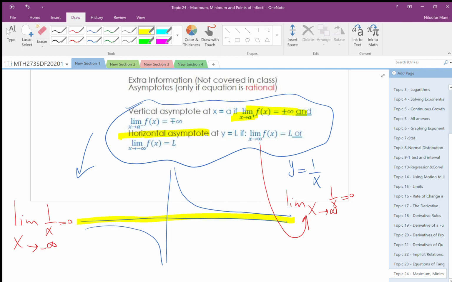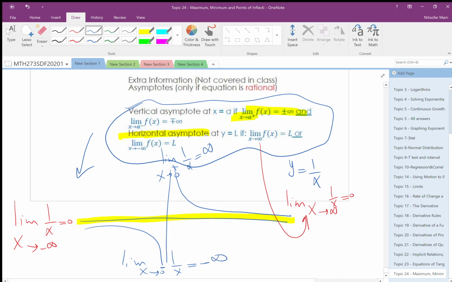How about for vertical? For vertical, I can see limit of 1 over x. When x is approaching 0 from the positive side, I can see the whole function is approaching infinity. You saw all of these in limits. Here, when x is approaching 0 from the negative side, 1 over x is approaching minus infinity.